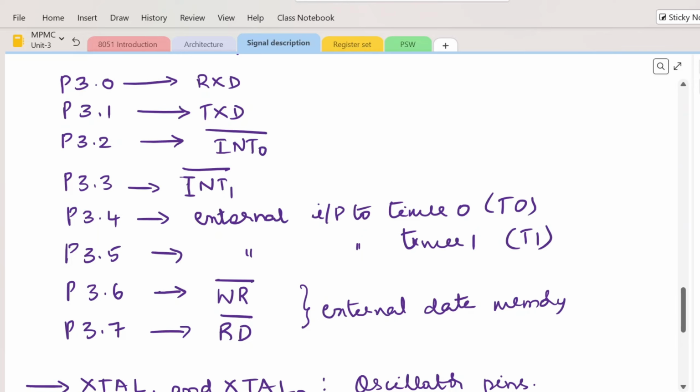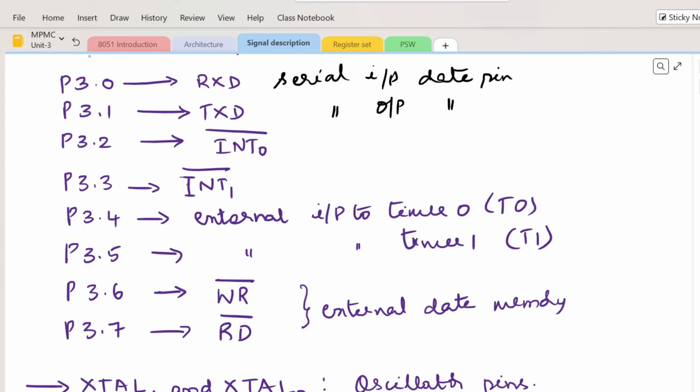The first pin, P3.0, acts as the serial input data pin, RxD. And P3.1 acts as the serial output data pin, TxD.